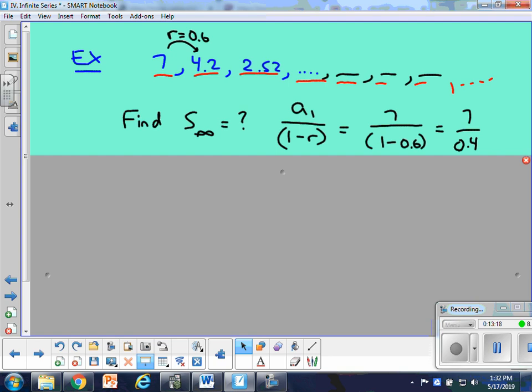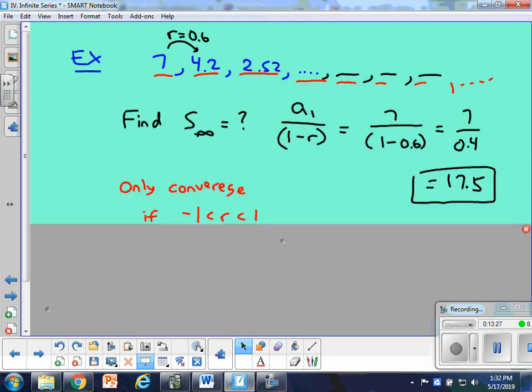So all we have to do is 7 over 1 minus 0.6. So 7 divided by 0.4 gets us our sum, and this thing would actually add up to 17.5. An infinite number of terms would add up to a real number, 17.5.